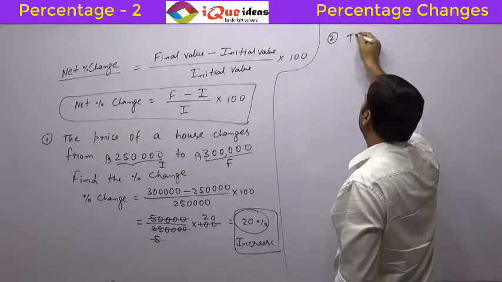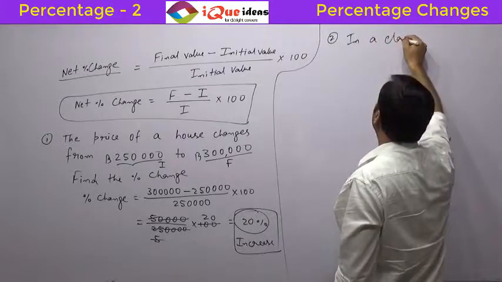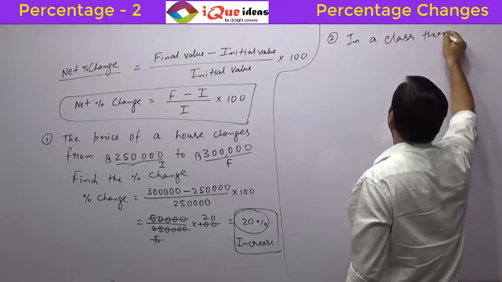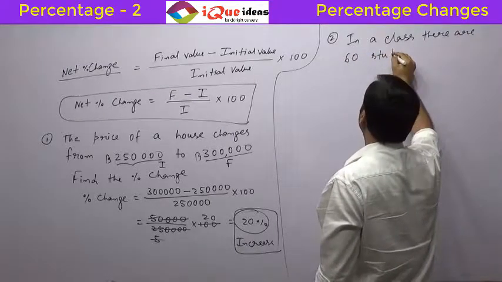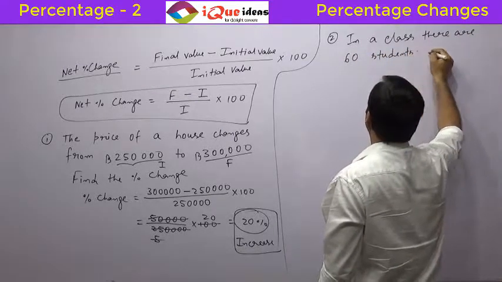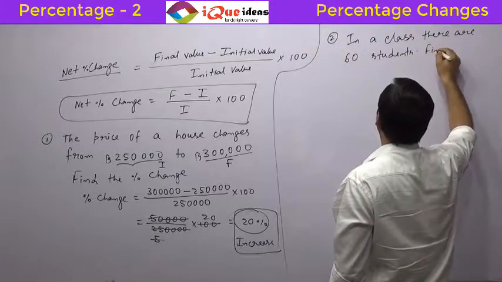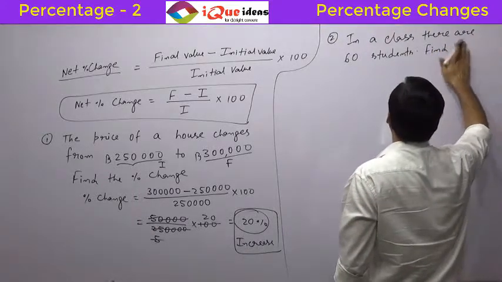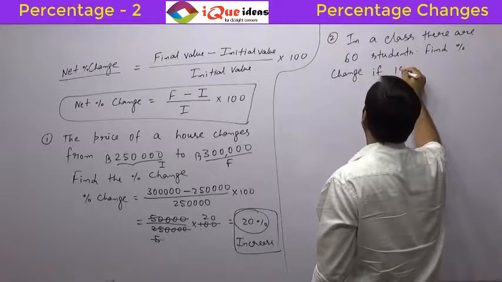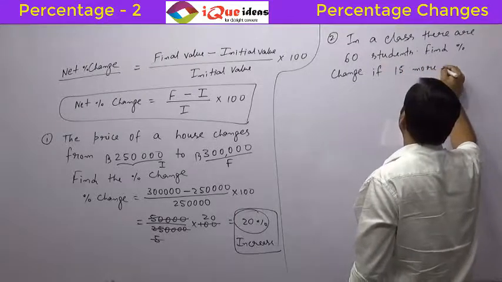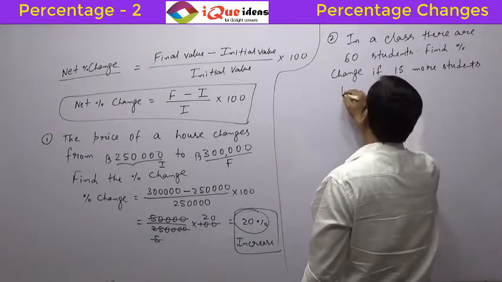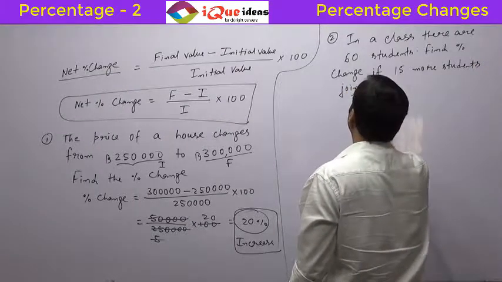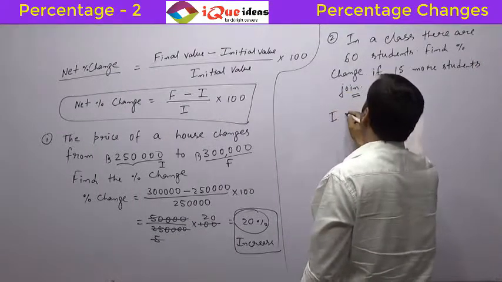Let's say in a class there are 60 students. Find the percentage change if 15 more students join, right? So here the initial value is 60.